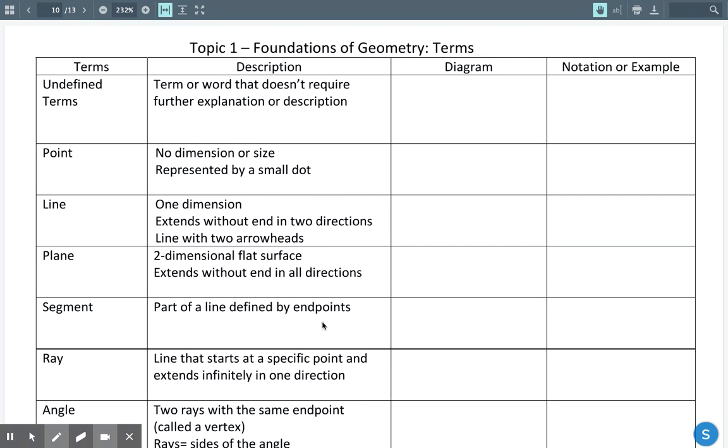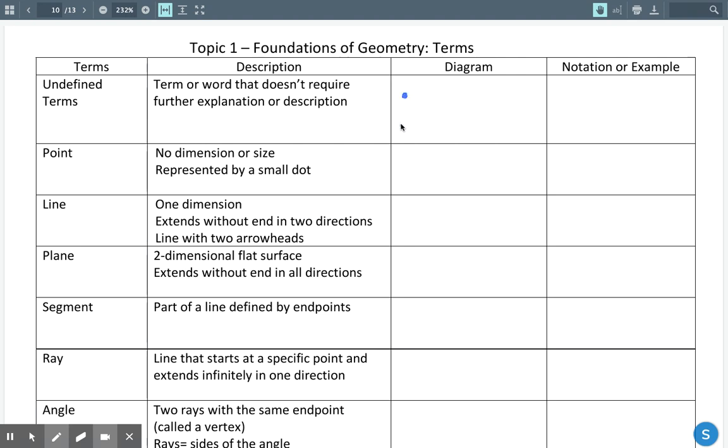An undefined term is a term or a word that doesn't require any further explanation. We don't have to describe it more. It's already pretty much there for us. However, we're going to talk about the 3 undefined terms that we're going to look at today. The first one is a point.